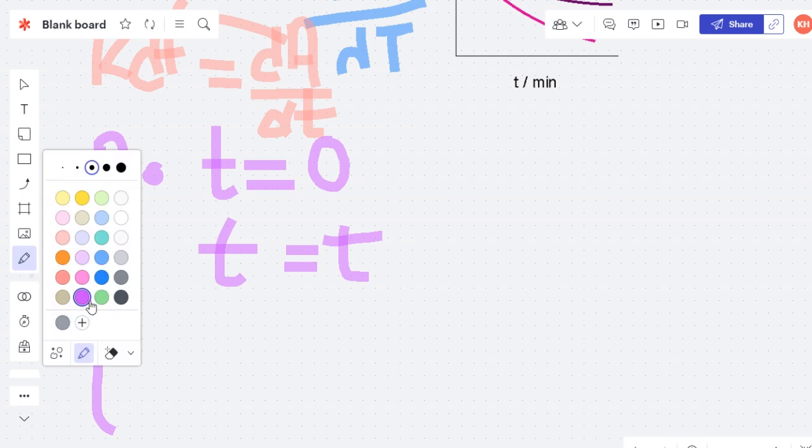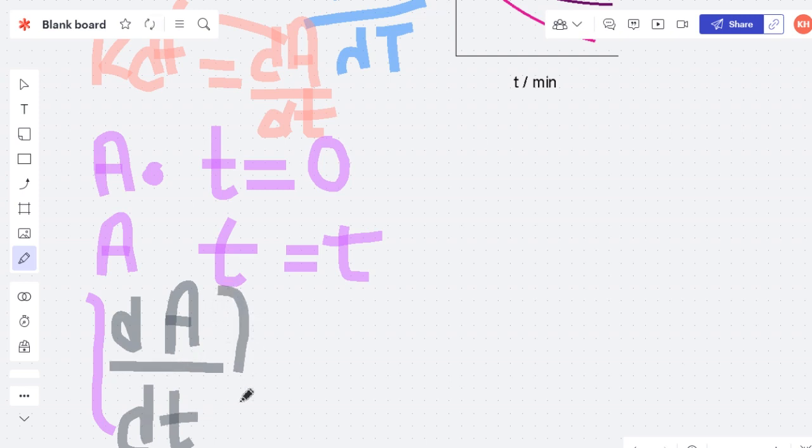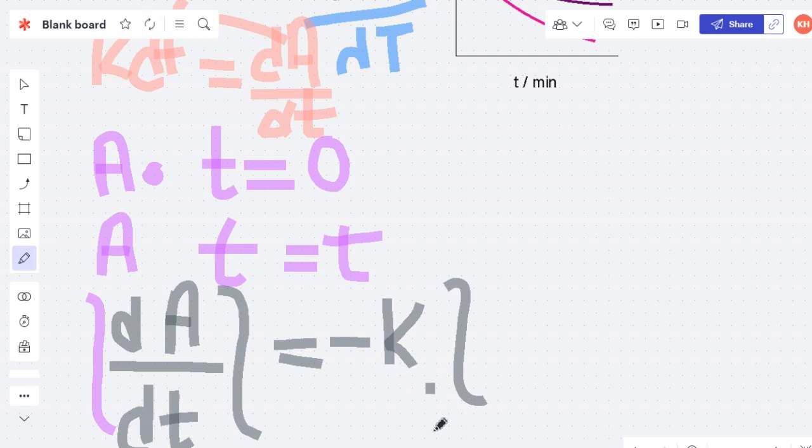Let's take a different marker for writing the integration formula, and then we write here dA divided by dt. Let's close it, and then here the minus k comes out because it's a constant quantity, and time goes from 0 to t, and we write in here t.